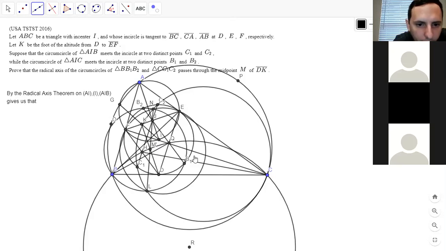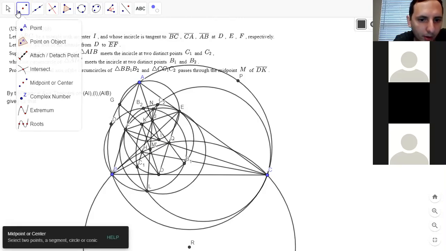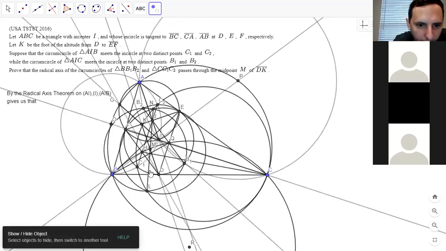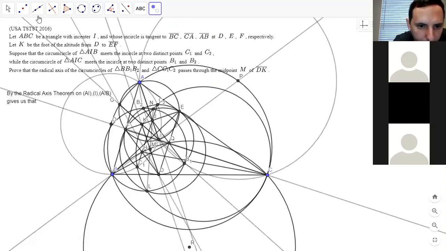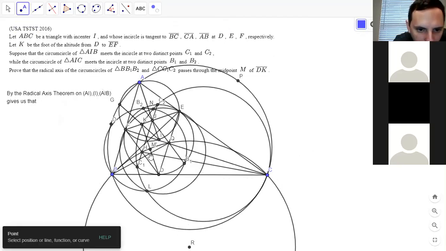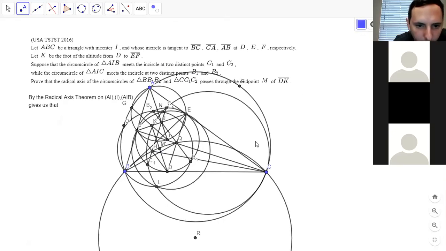Okay, hold on just a second. So CH and BQ. I'm going to hide that just for now. Let me zoom in a little bit.